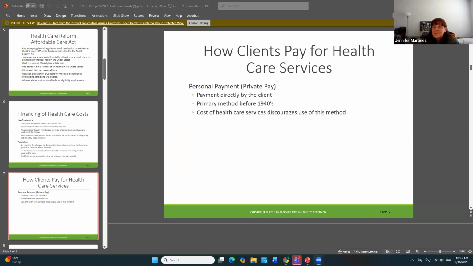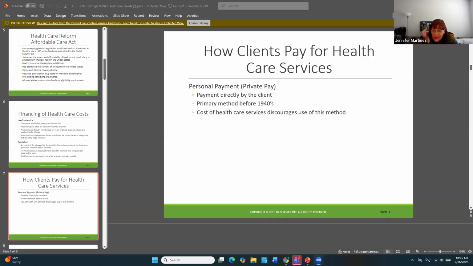So how do we pay for healthcare services? Personal payment, right? That was the primary way of paying right before all of the healthcare acts came into play.